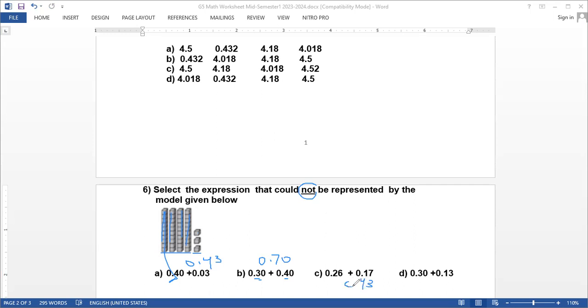So this is 0.43 and this, let's add them, we'll get 0.43. So all of them are 0.43, but he wants which could not be represented. So the answer will be B, because B is 0.70.